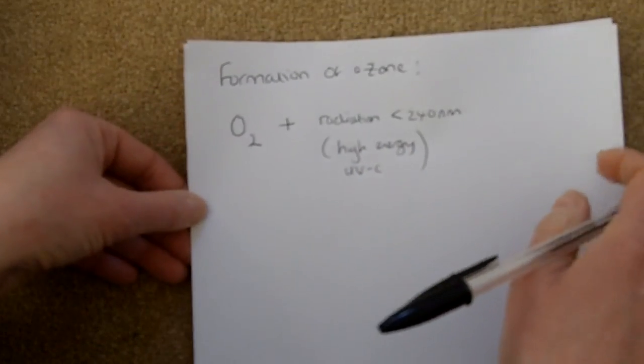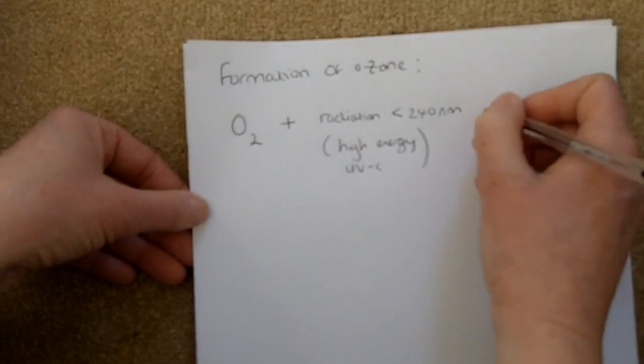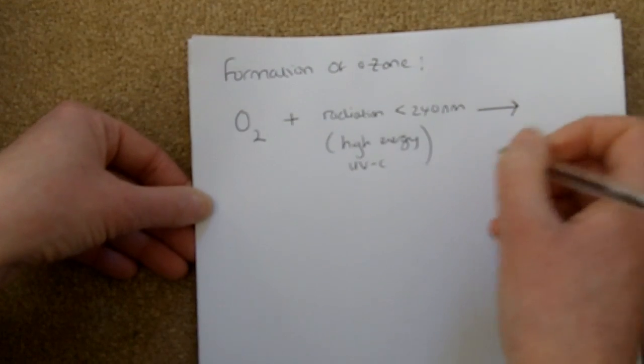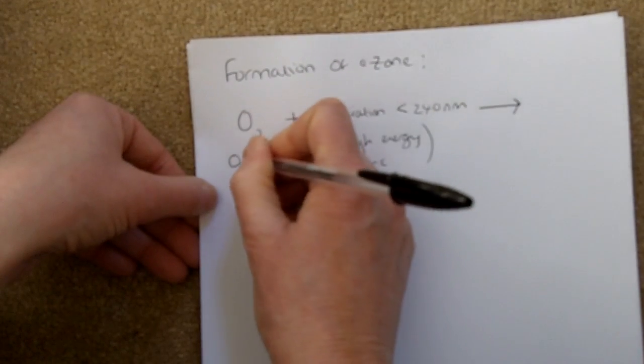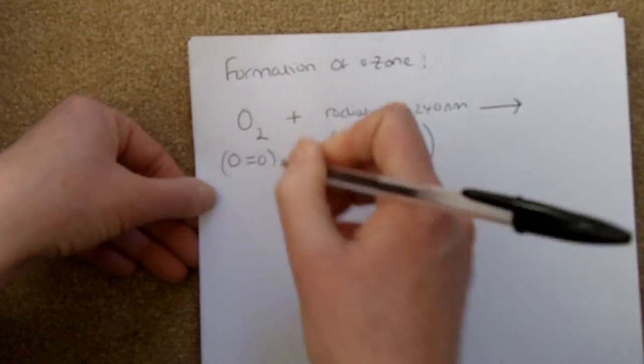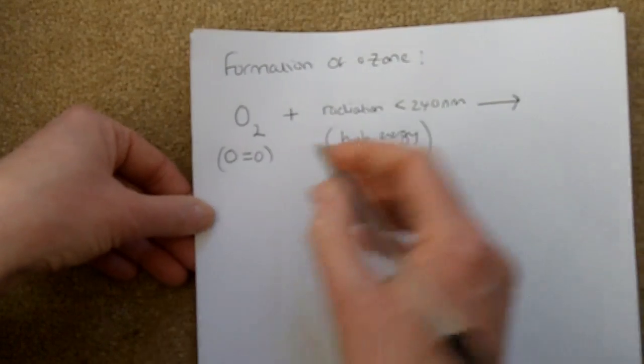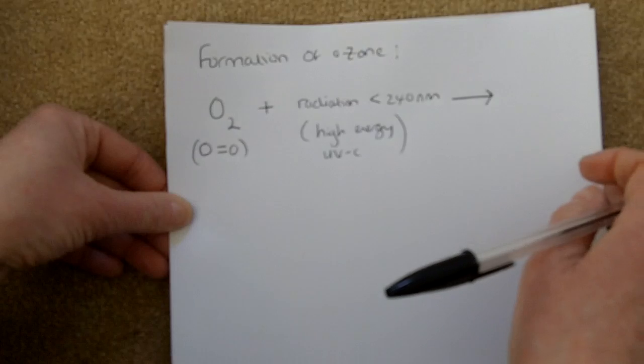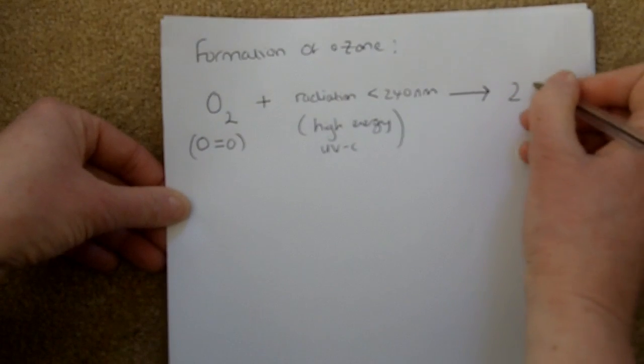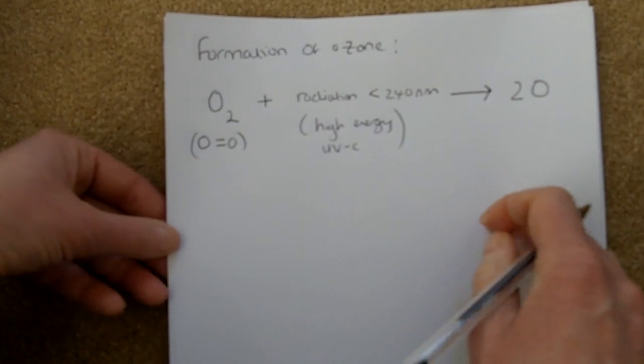The oxygen molecules absorb this and it breaks the bond in the oxygen molecule. Remember, the oxygen molecule has a double bond, a very strong bond, so it needs high energy to break it. When that bond is broken, you're going to have two oxygen atoms. So that's the first step.